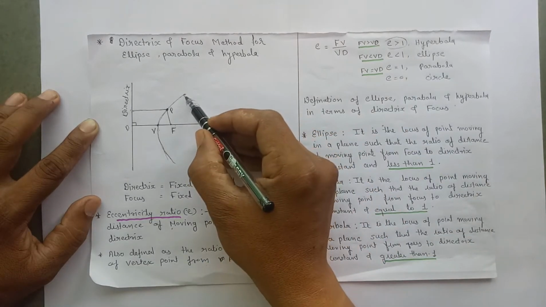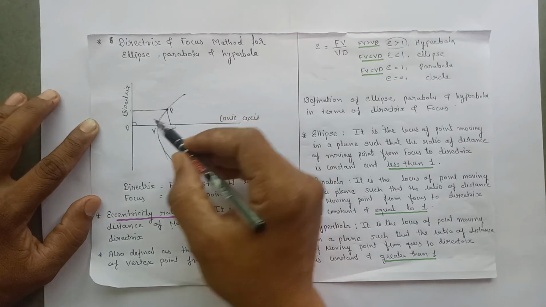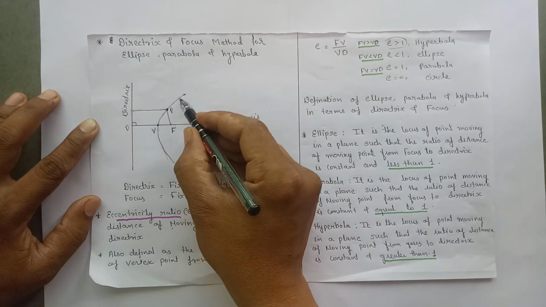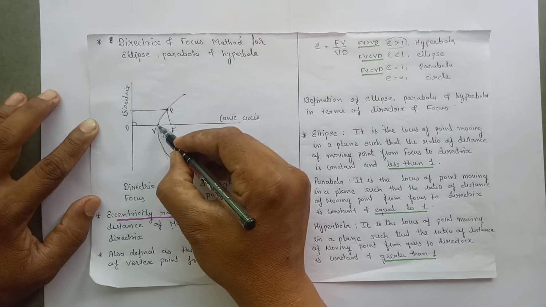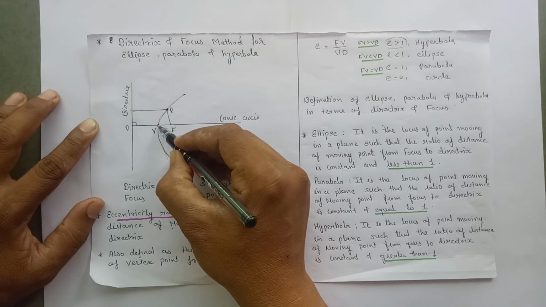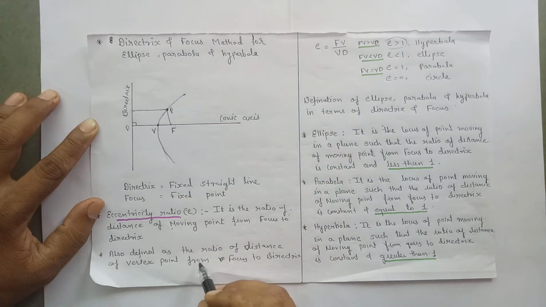Now when this moving point intersects the conic axis, the point of intersection of this curve and the conic axis is known as the vertex point. So we can also define the eccentricity ratio like this.